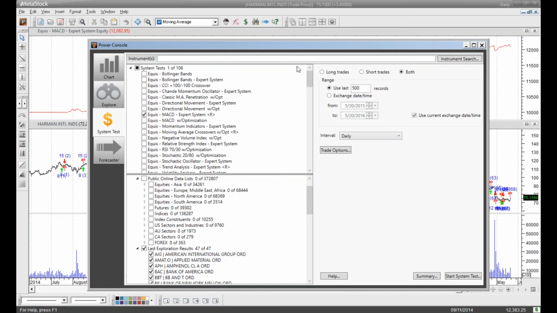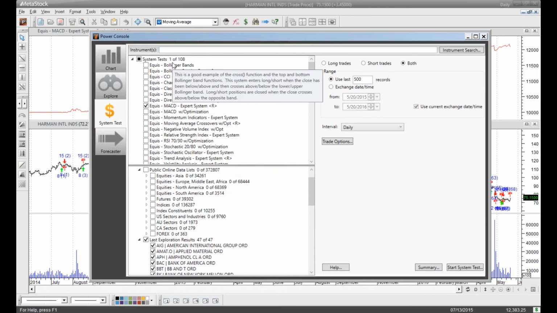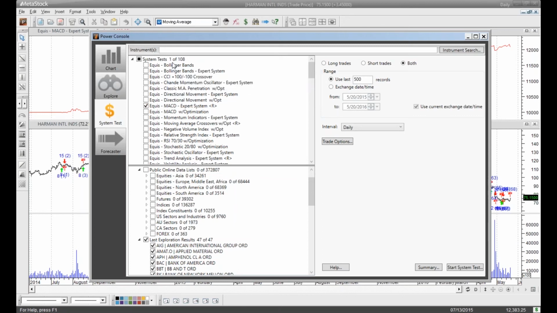That's something that is very, very easy to program just by creating it in our formula builder. It's very easy to use, but at the same time, if it's something where you don't want to have to learn how to start creating formulas, that's fine. We'll do that for you. Just give us a call. Let us know. We have formula builders that build custom explorations, custom system tests all the time.